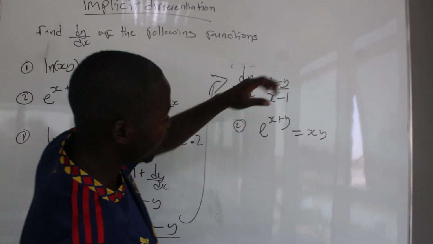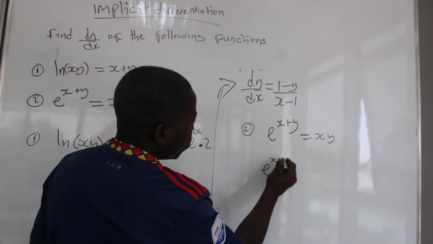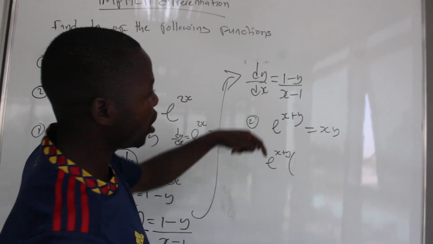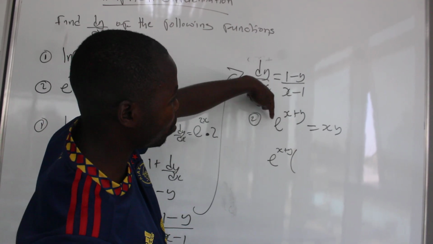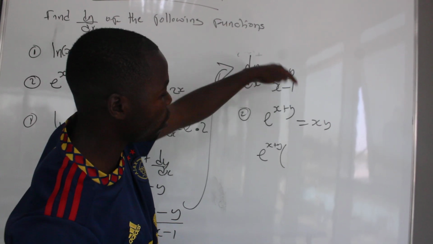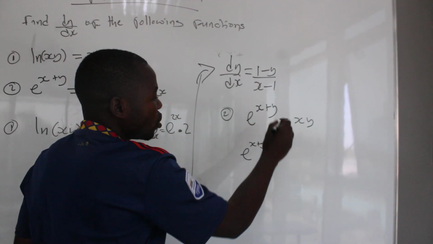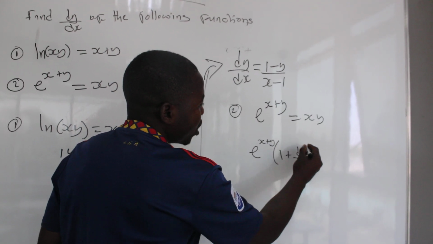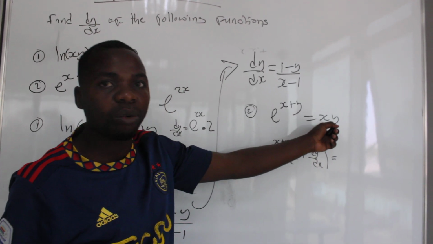To differentiate this, I'm going to maintain e^(x+y). Now, multiplying by dy/dx of this function, the power. What is the dy/dx of the power? To differentiate the power, you know that dy/dx of x is 1. dy/dx of y, it is dy/dx. I'm going to use product rule again here.